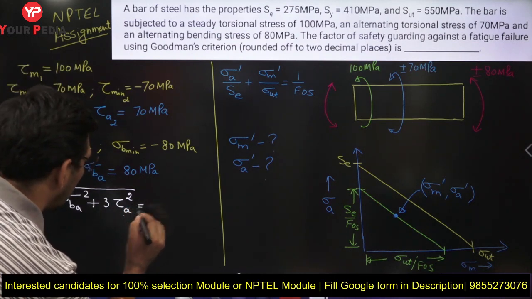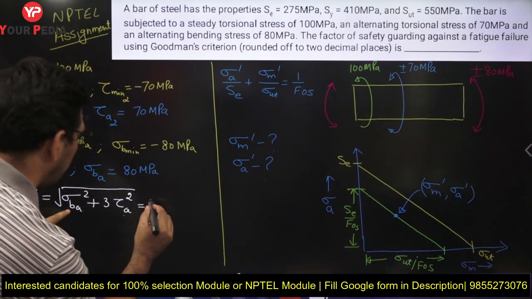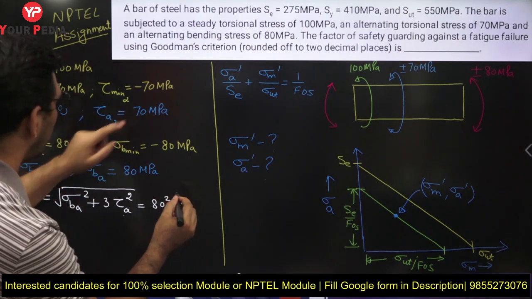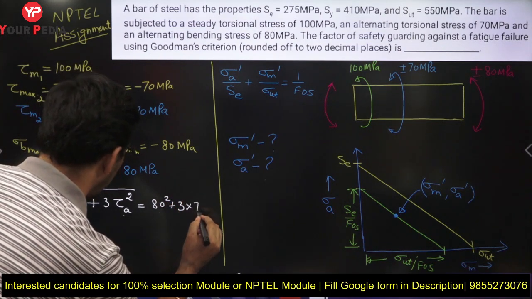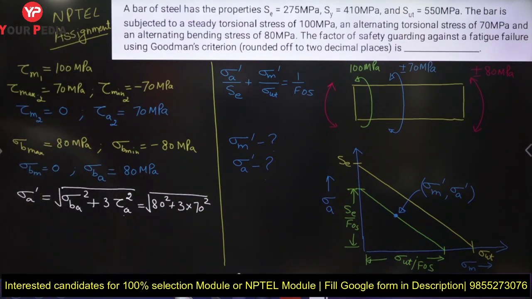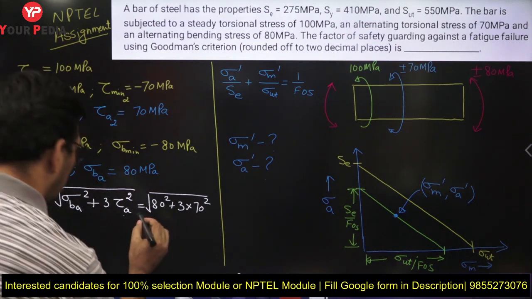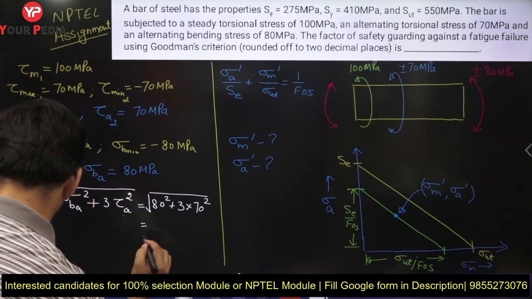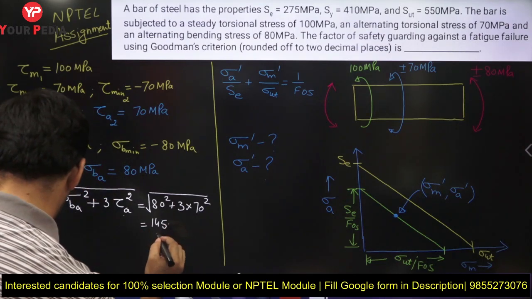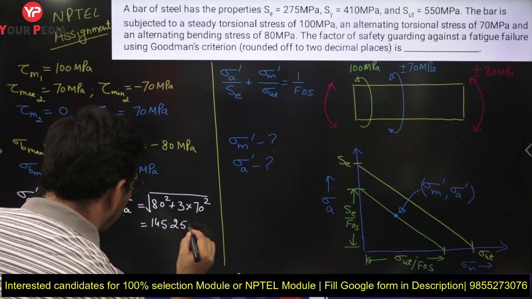Sigma BA, that is 80 square plus 3 times tau A square, that is 70 square, under root. Let me see the calculation. It will turn out to be 145.25 megapascal.